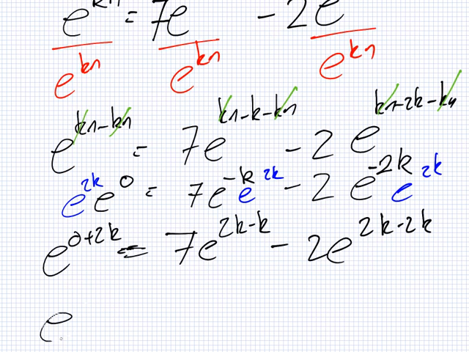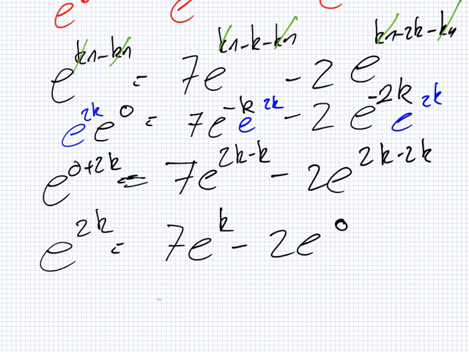So this would be e^(2k) equals 7 e^k minus 2 e^0. But e^0 is 1. So e^(2k) equals 7 e^k minus 2.